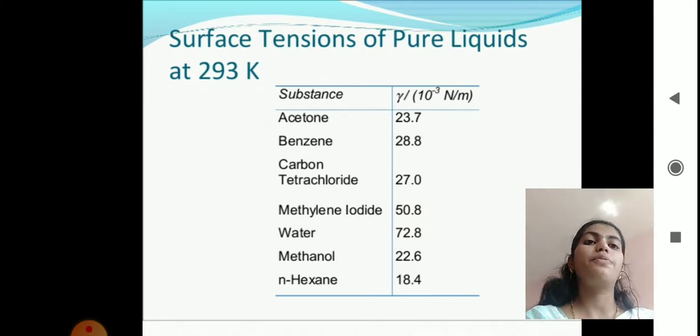Benzene is 28.8. Carbon tetrachloride is 27.0. Methyl iodide is 15.8. Water has a surface tension of 72.8, methanol has 22.6, and n-hexane has 18.4.